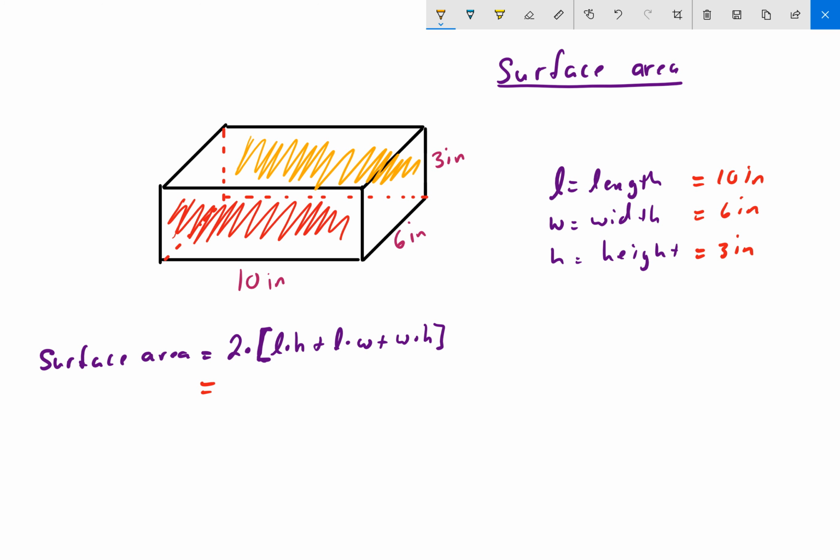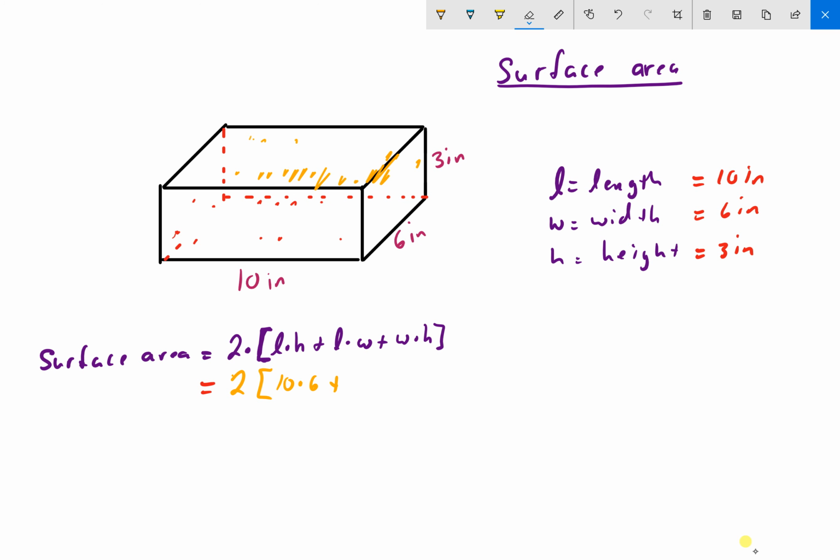So I'm going to say 10 times 6, because that gives me the area of the front of the box. Like I said, that's the front of the box, and the area of the back of the box is going to be the same, which is where this 2 comes in. Plus, let's see if I can get rid of some of this. I'm going to lose some of my three-dimensional drawing doing it.